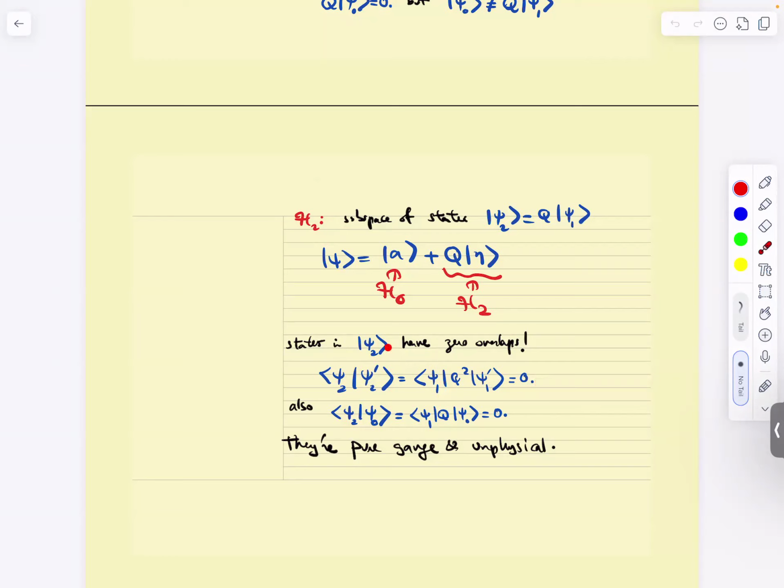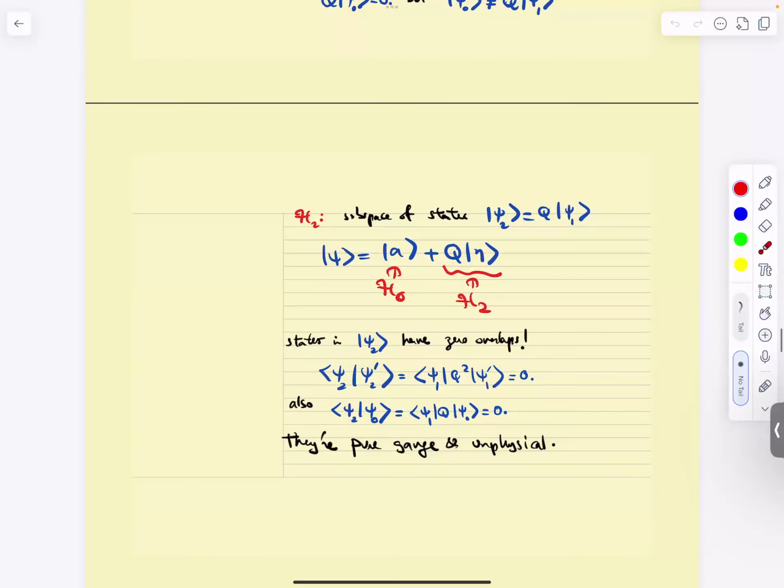In particular, these states have 0 norm. They're unphysical. They need to be discarded. It is obvious why they're unphysical, because you found them by the action of a gauge transformation. It's pure gauge and unphysical. H2 is pure gauge and unphysical. Good?